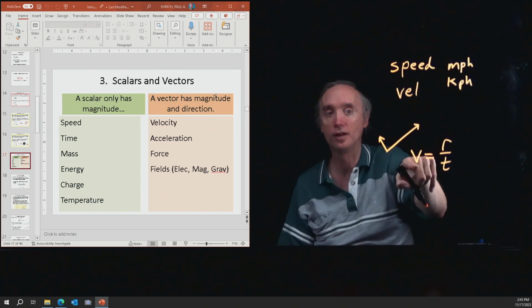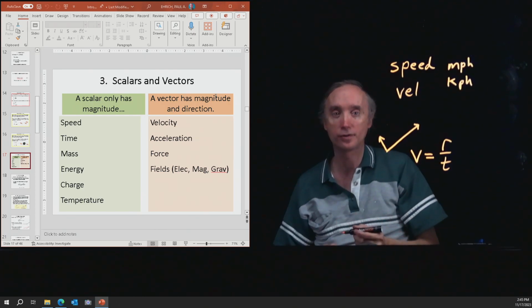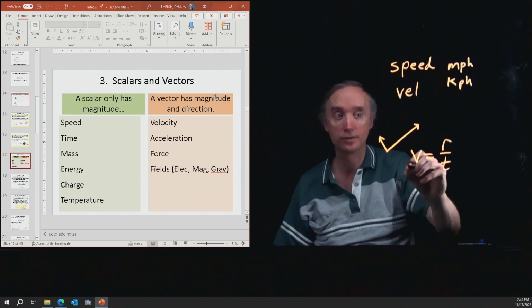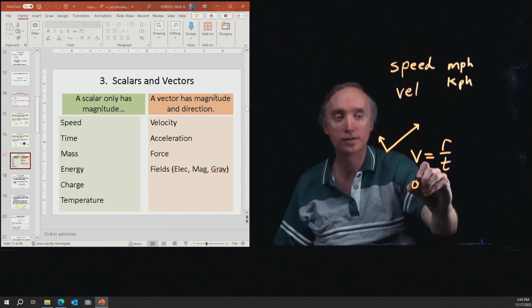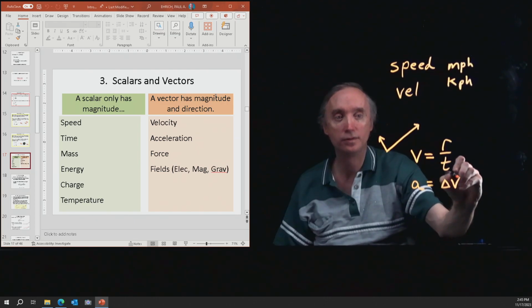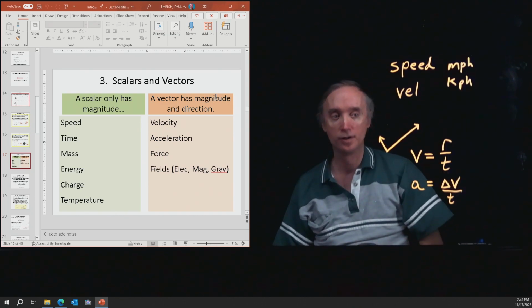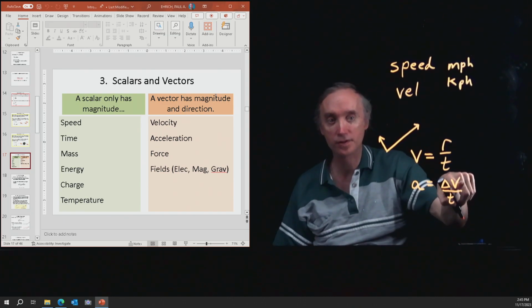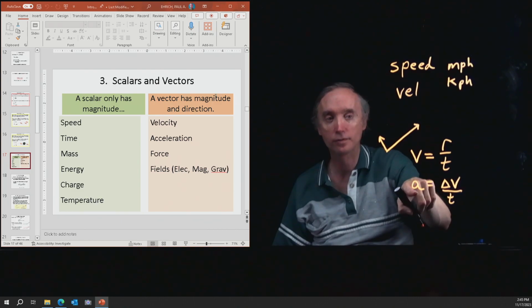So your velocity is a vector. Your acceleration is a vector, because acceleration is your change in velocity over time. Velocity is a vector, time is a scalar, and when you divide them, you end up with a vector.